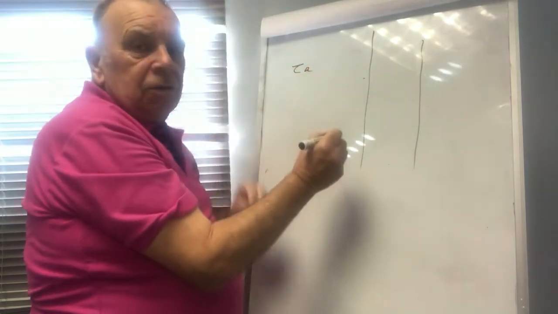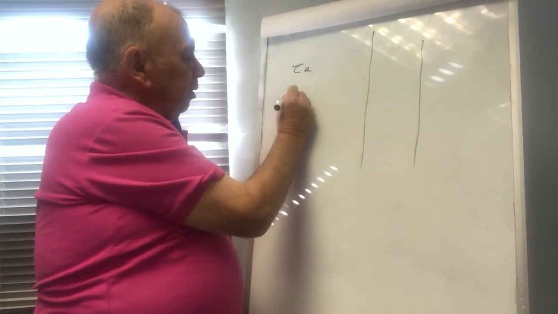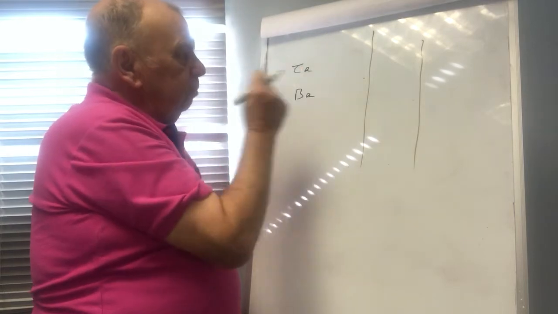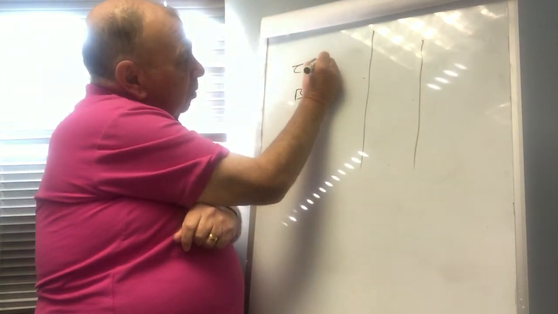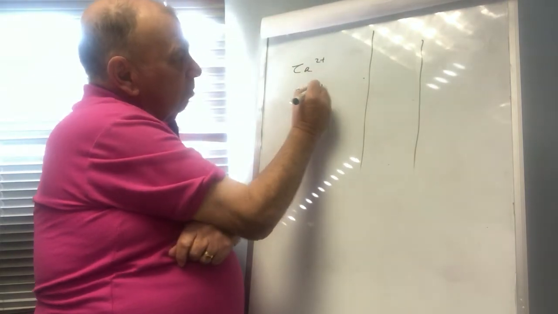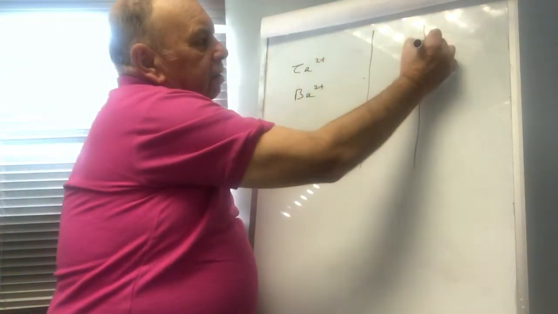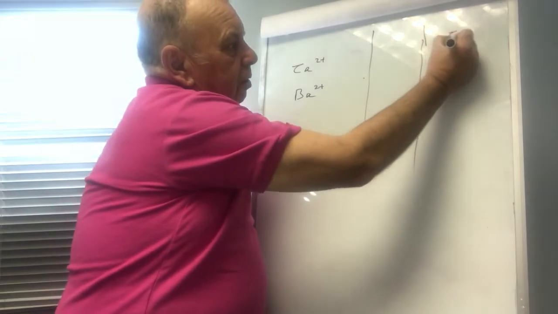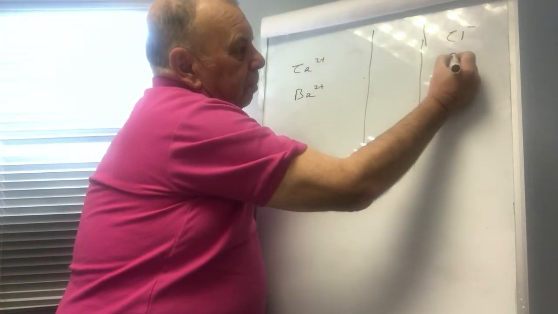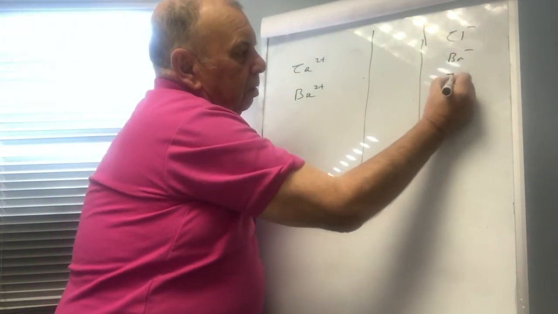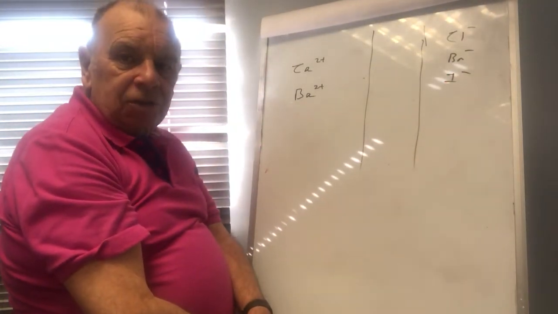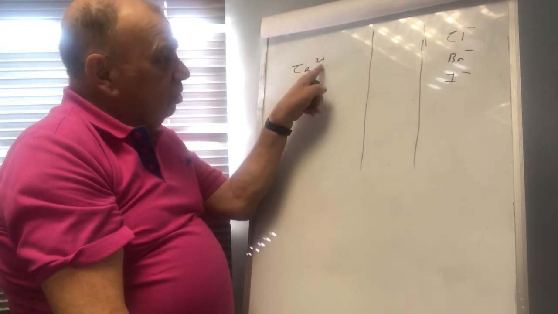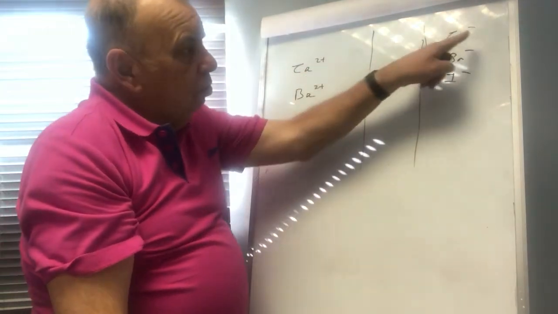Let's go back and look at something on, say, group 2. Calcium's found in group 2, barium's found in group 2, so 2+, 2+. Chloride, bromide, iodide, Cl-, Br-, I-. What is the formula of calcium chloride? Calcium I know is 2.